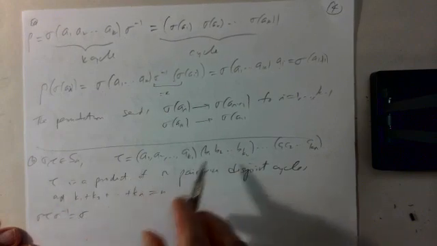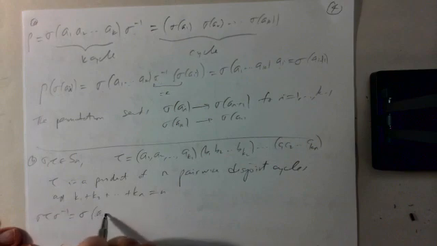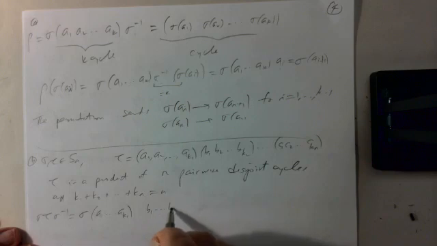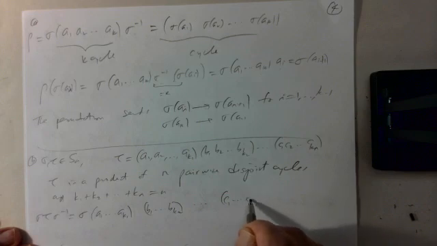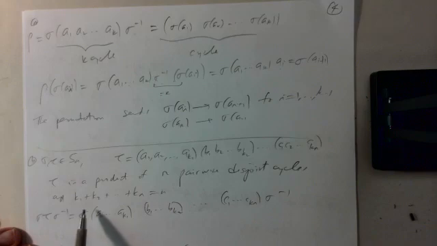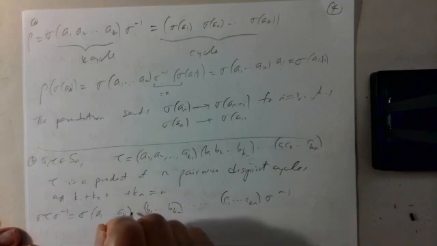That's sigma, and this is tau, (A1 up to A sub K1)(B1 up to B sub K2), and so on, up to the cycle (C1 up to C sub K sub R), sigma inverse. So all I've done is replace tau by this expression for tau. And then I can always multiply by the identity, which is the same as sigma inverse sigma.